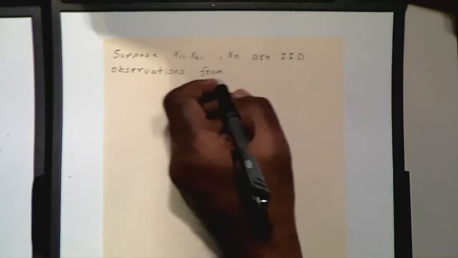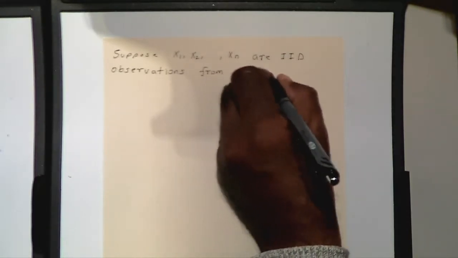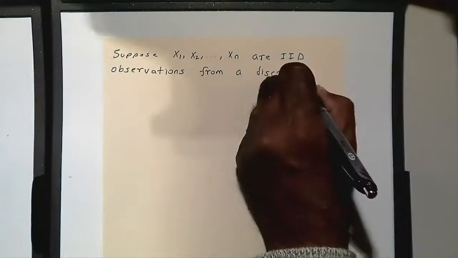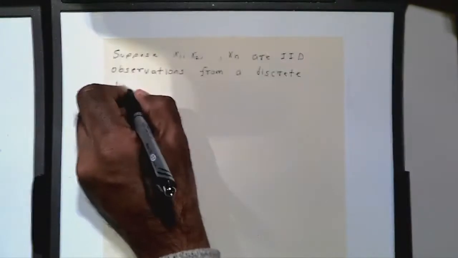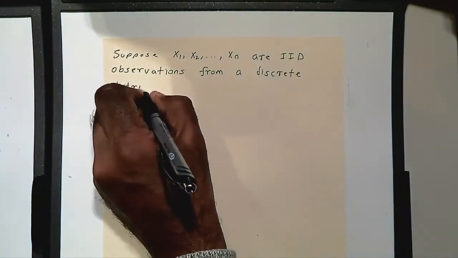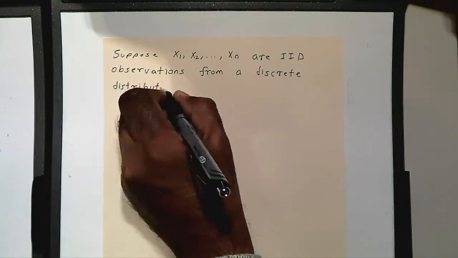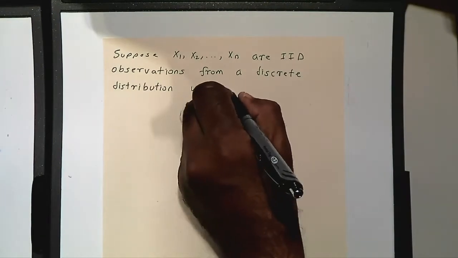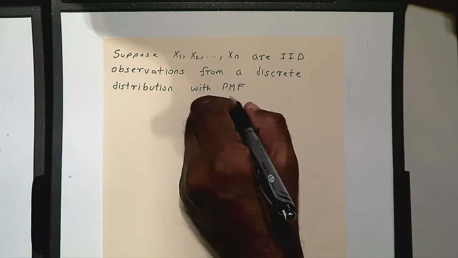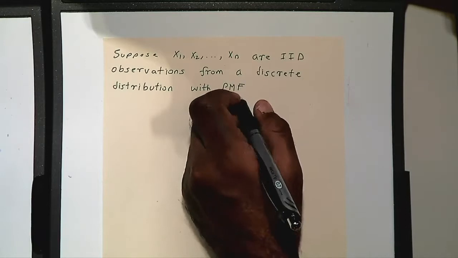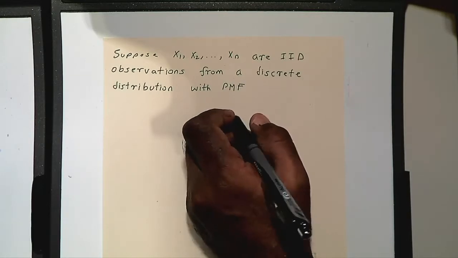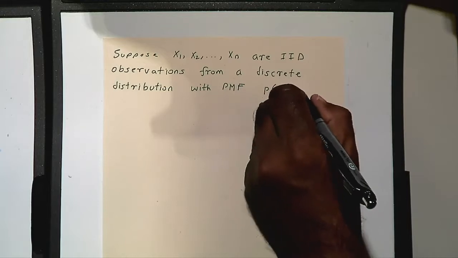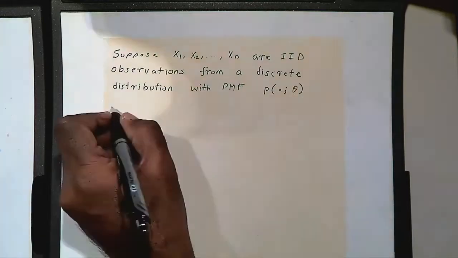Now, suppose the observations are from a discrete distribution with PMF. Remember, PMF is for a discrete, whereas PDF is for a continuous, right?